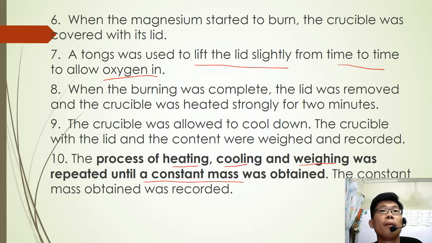In other words, we need to reheat it again, and then make it cool down and then weigh again, so that the constant mass is obtained to ensure that the combustion is completed already. So in the result, in writing the essay, we do not give any data on it.